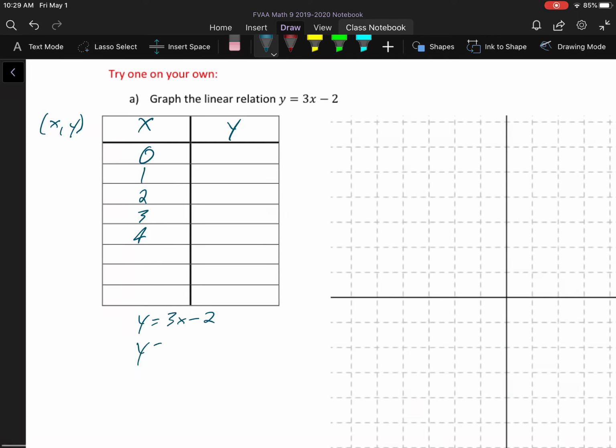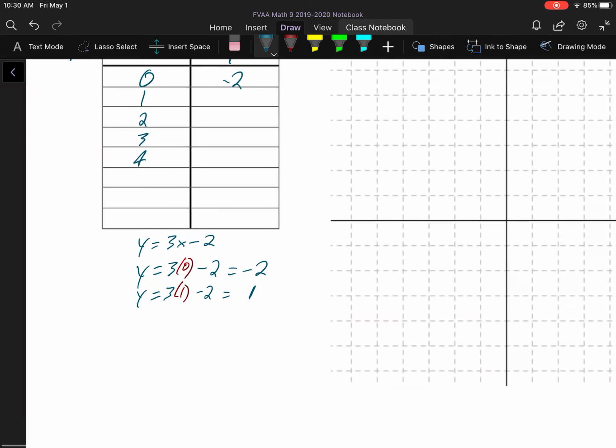So y is equal to 3x, plug in 0, minus 2, which gives me negative 2. Next one, y is equal to 3 times 1 minus 2 is equal to positive 1.